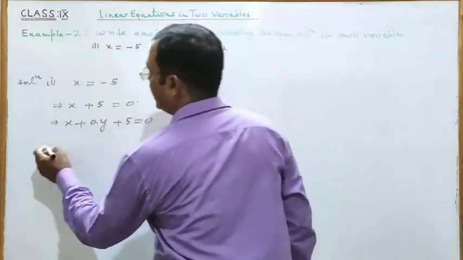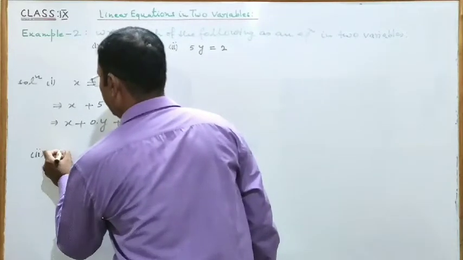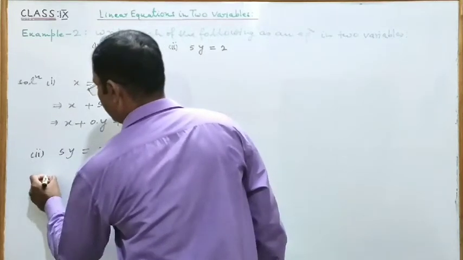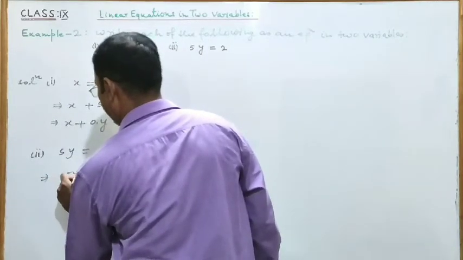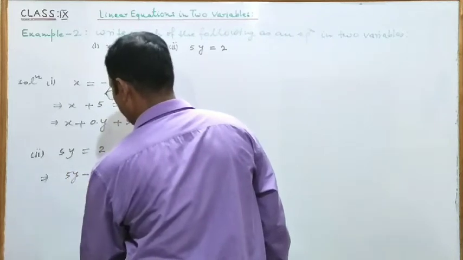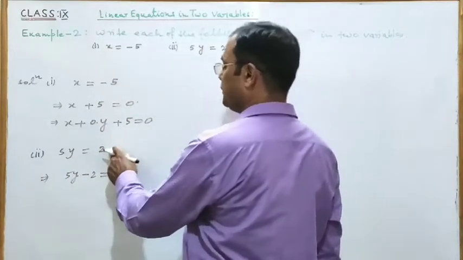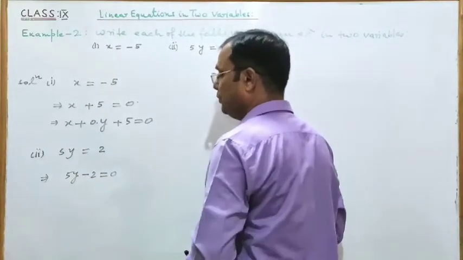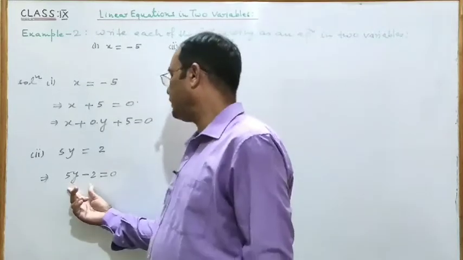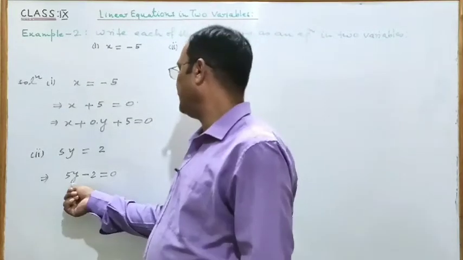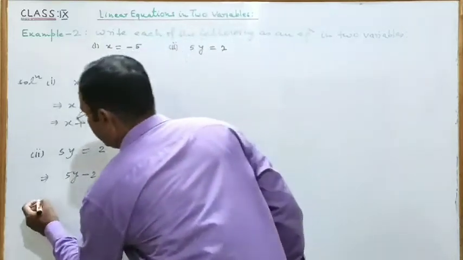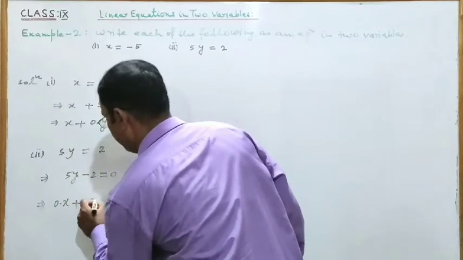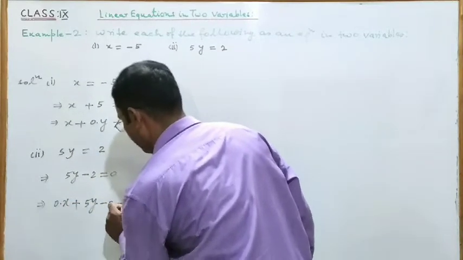Like that, in the second part we are given 5y is equal to 2, which can be written as 5y minus 2 is equal to 0. This 2 is transposed from right side to left side, so we have got 5y minus 2 is equal to 0. This is a linear equation in one variable. The variable is y here. So this further we can write as 0 into x plus 5y minus 2 equal to 0.